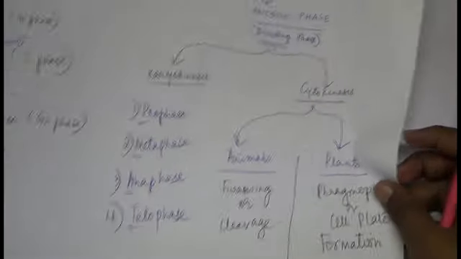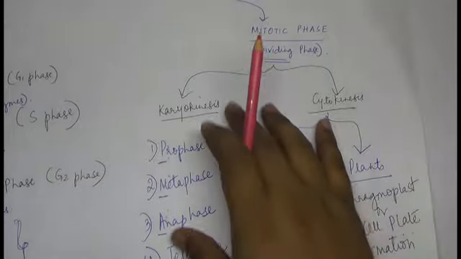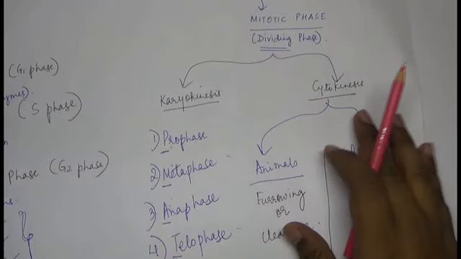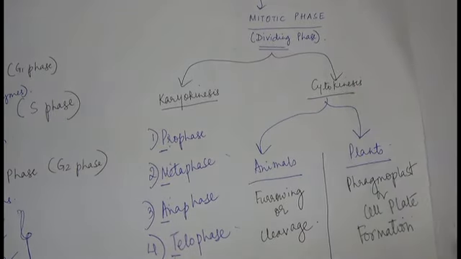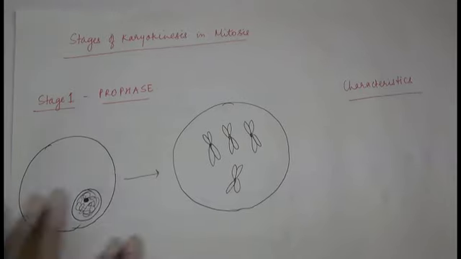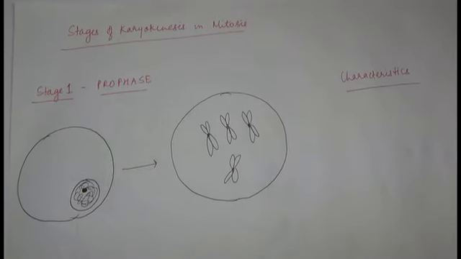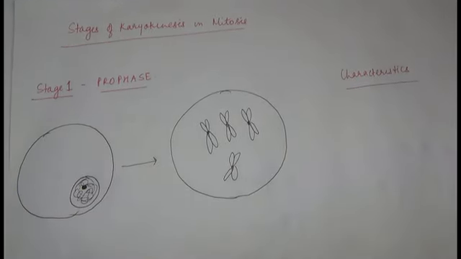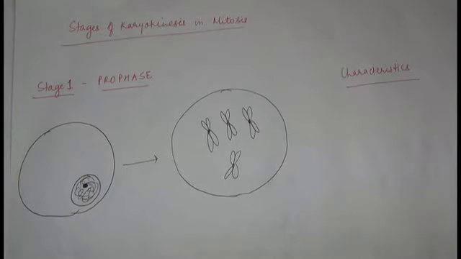Coming to the mitotic phases, we'll talk about karyokinesis first and then we'll talk about cytokinesis. Coming to stages of karyokinesis in mitosis. The first step which occurs is prophase.